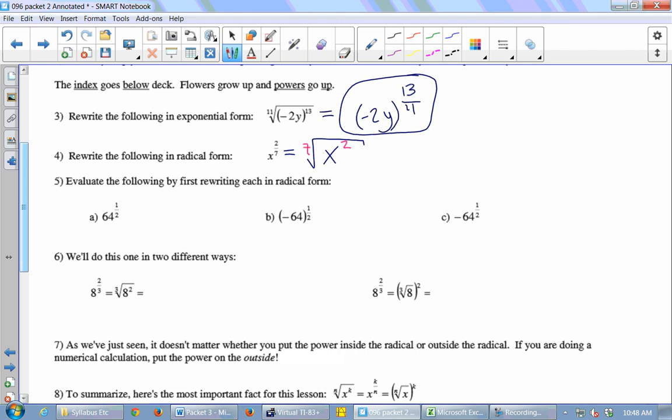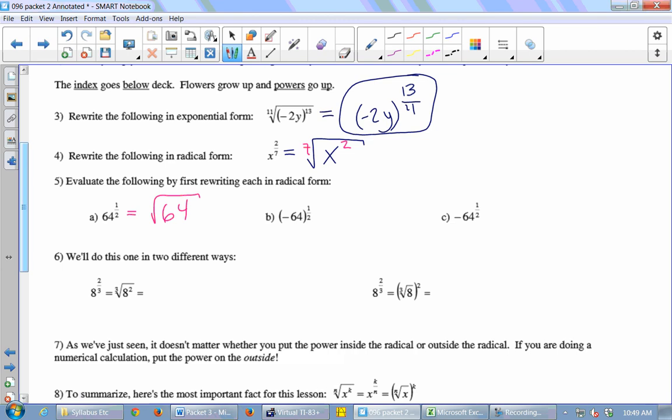Is that okay? I'm going to evaluate each of these by first rewriting in radical form. I'm giving you exponential form, we'll rewrite it using a radical and then see if we can answer the question. So, 64 to the 1/2. I've got 64 and a radical. Where do I put the 1?